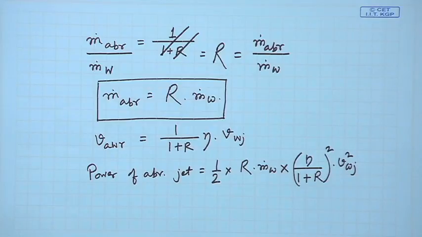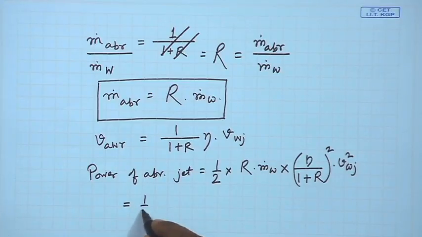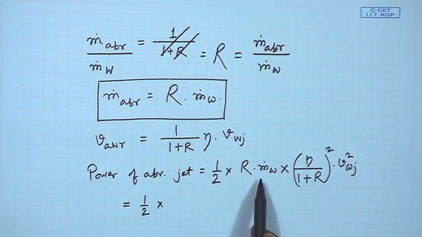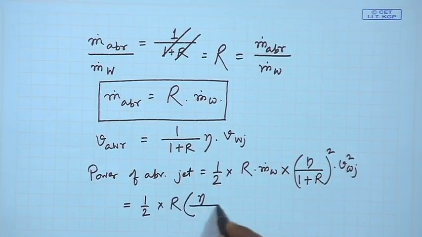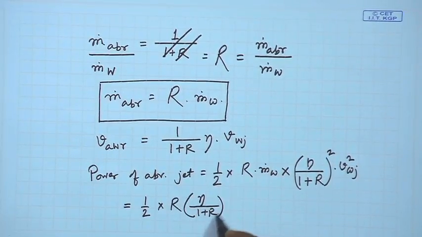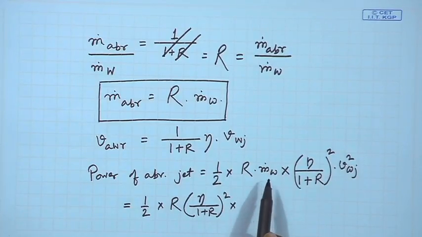All right. This can be written this way: half into R into eta by 1 plus R whole square multiplied by, now comes m dot W.